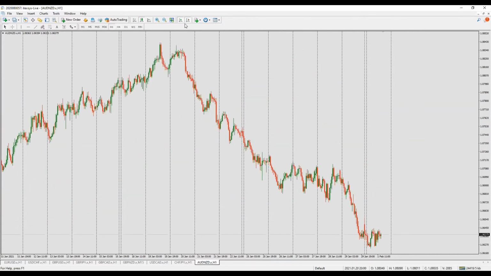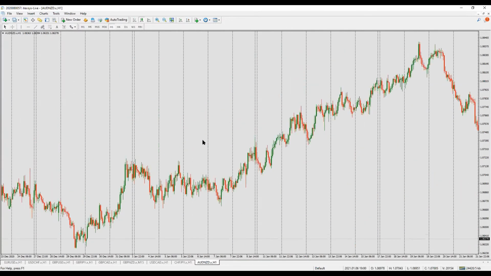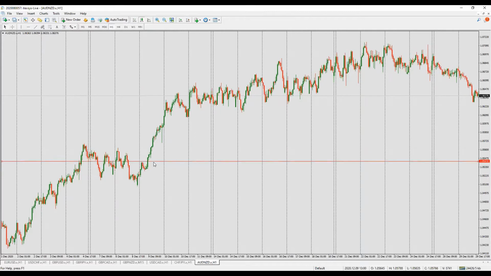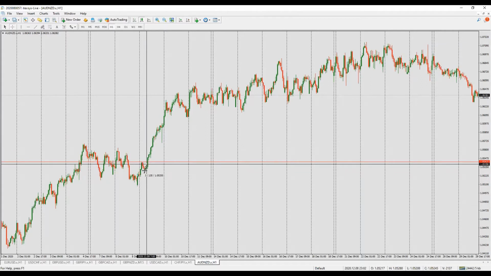And 1H time frame, just to get a closer look. Here it is. I would consider to buy here. I would take the risk of this, maybe all this level even. It's about 40 pips, even less.